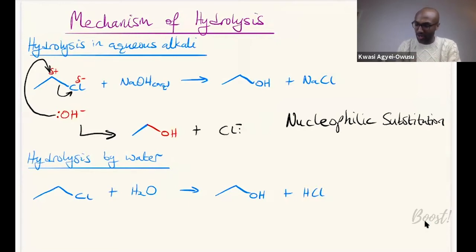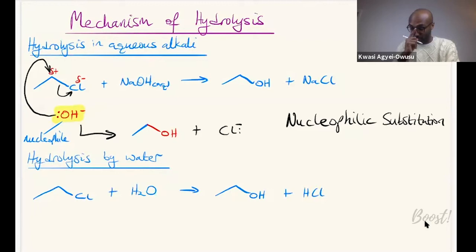So nucleophilic substitution: if we highlight the nucleophile, our electron pair donor is the hydroxide ion, and we can label that as a nucleophile. That's our electron pair donor, and it replaces the chlorine in your halogenoalkane, and so it is a substitution reaction.